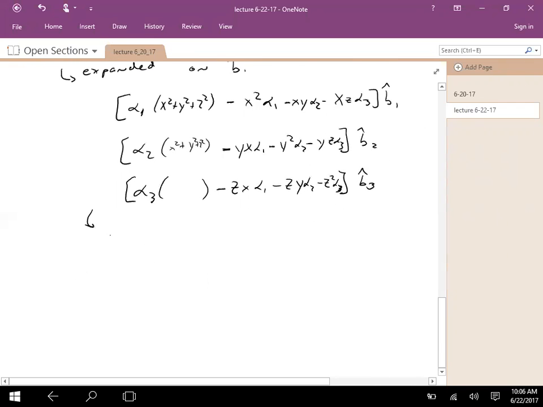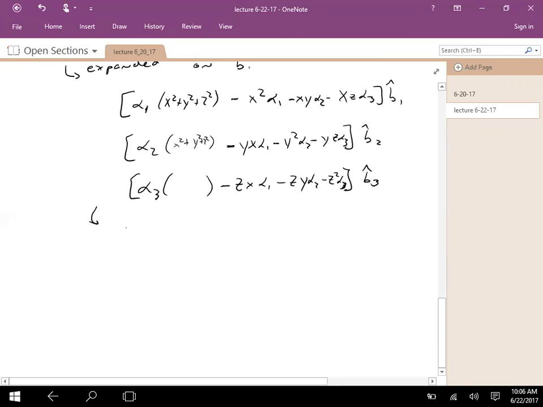Now, make this a matrix times alpha 1, alpha 2, alpha 3, and these are in the B direction, okay? So I've got these terms. If we pull out the alpha 1 terms, let's look at that.